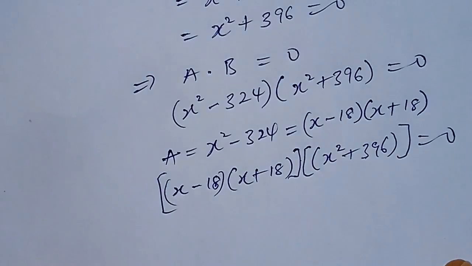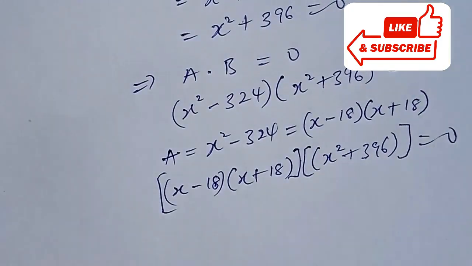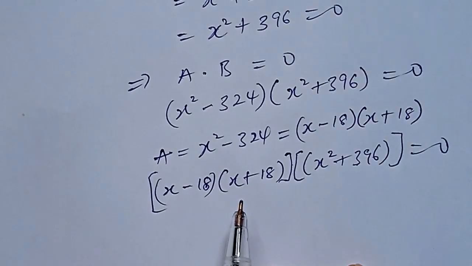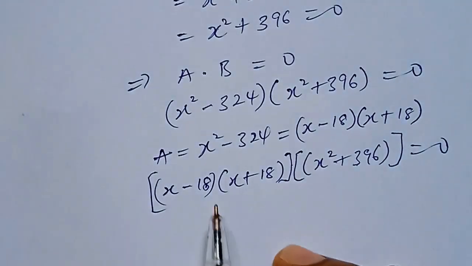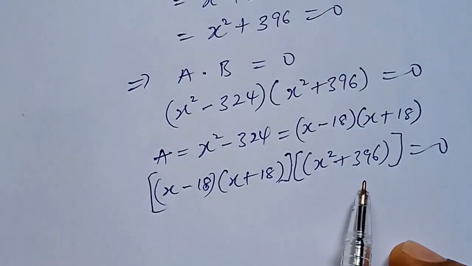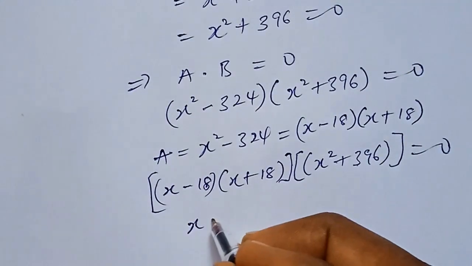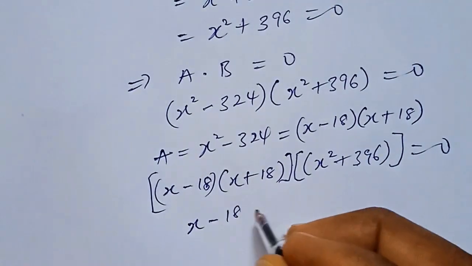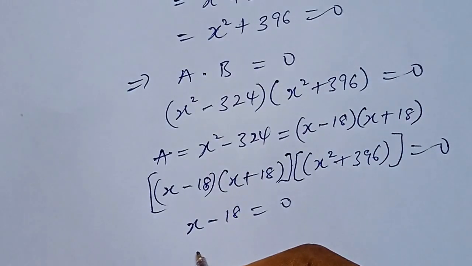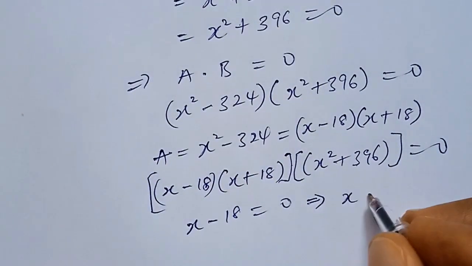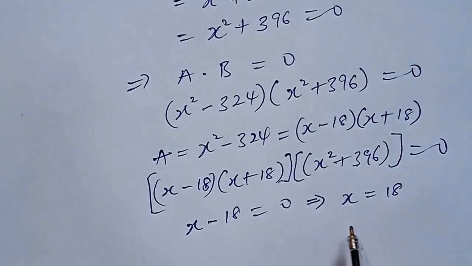So from here, what do we do? We now start to find the value of x one after the other from this expression. From here we can have that x minus 18 equals 0, which implies that x equals 18 for the first value of x.